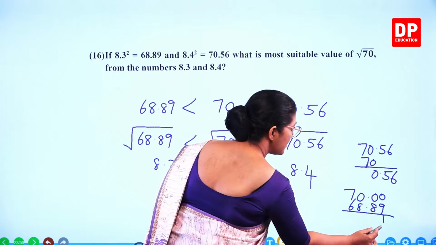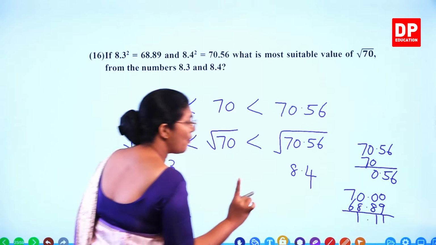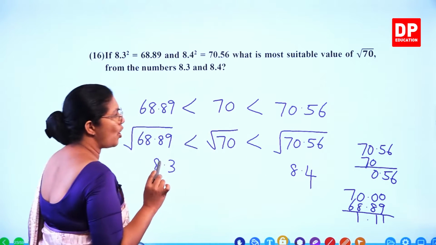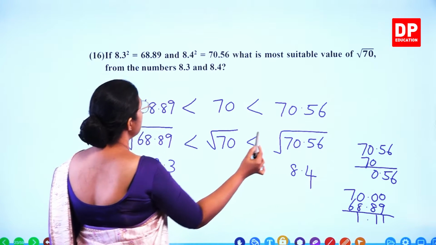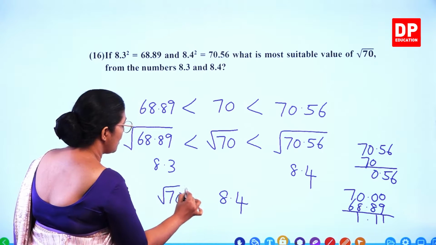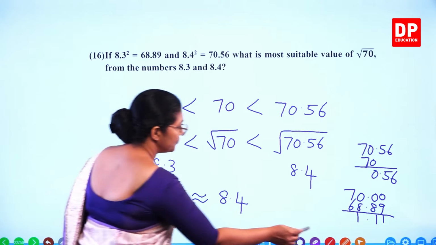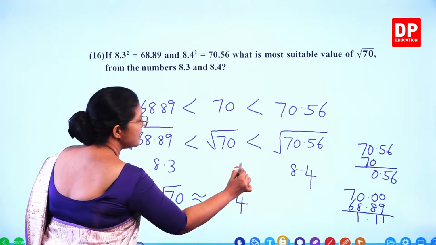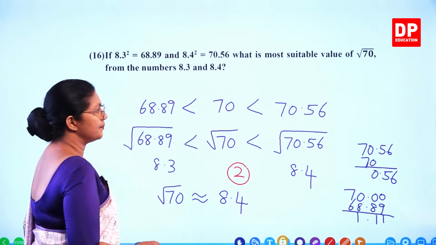What's the difference? 1.11. So, which one is the smallest? 0.56 is the smallest. So, that means the closer value is this. So, you can take 8.4 is the closer value to root 70. So, you get 2 marks for that. Identifying the closest value. Only you have to take the difference.